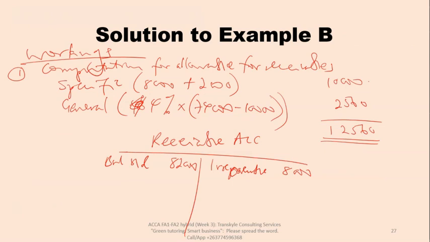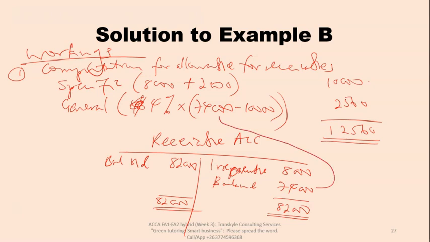So the balance for these 82,000 should be 74,000. And this is the same balance as you can see here.